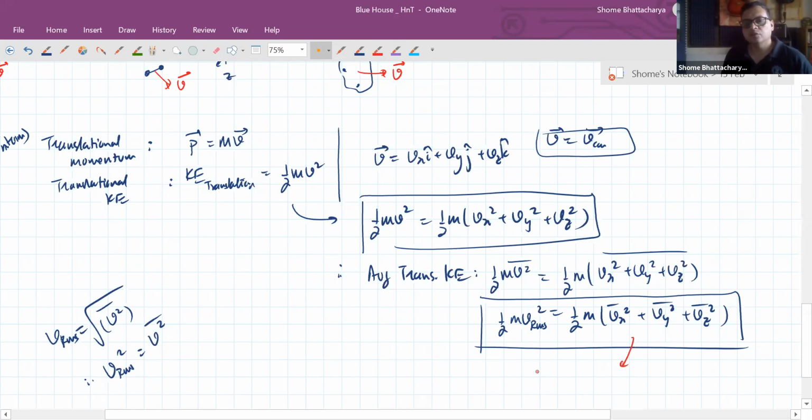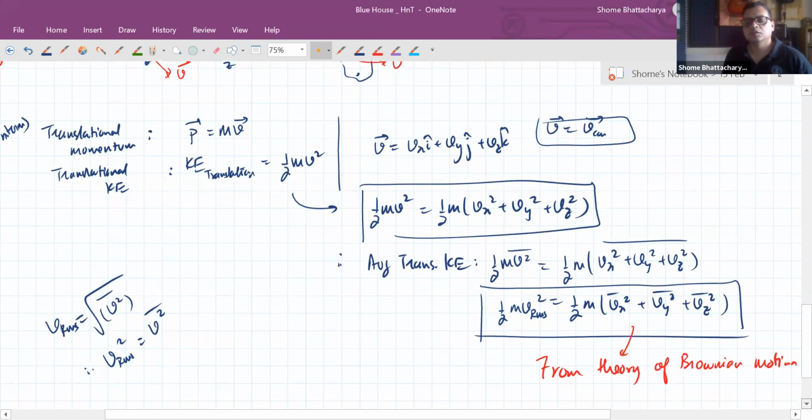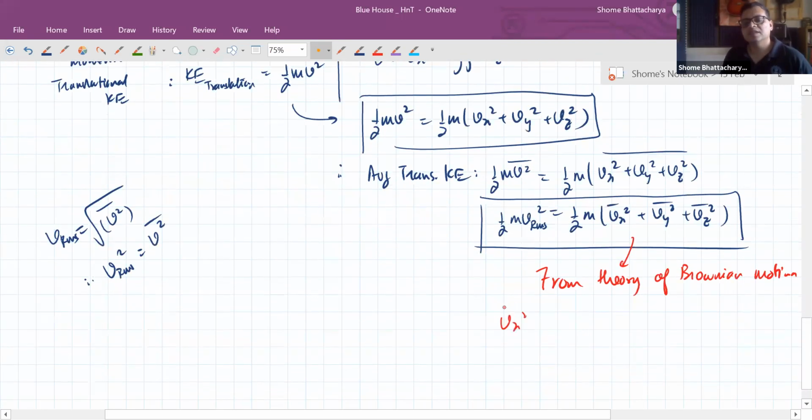Now here, from the theory of Brownian motion, each of these are equal. Vx squares average is equal to Vy squares average is equal to Vz squares average, which becomes 1/3 of Vrms square.